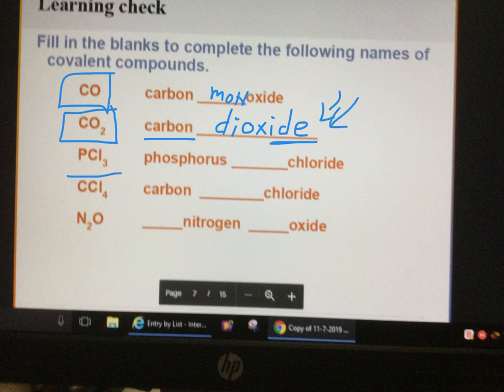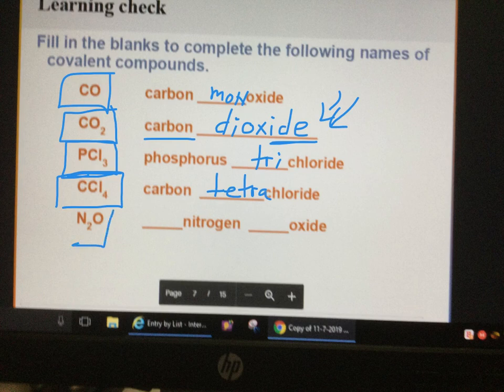Let's do the third one. You have phosphorus and chlorine, and you have one phosphorus, so it's just phosphorus, and you have three chlorine. What's my prefix for chloride? This would be trichloride. For carbon and CCl4, my prefix for 4 is tetra, so it would be carbon tetrachloride.